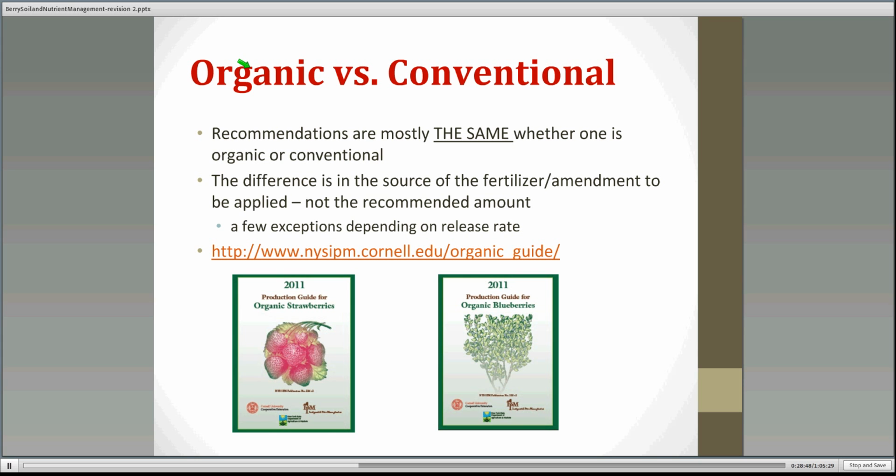But if you're told to put on 30 pounds of nitrogen, then you just have to put on more material of the organic type of fertilizer to achieve the same 30 pounds of nitrogen contribution to that crop. And you have two really good guides, the organic strawberry and organic blueberry production guides, to help you find sources of fertilizers and bring those soils up to spec for optimal production of those crops.